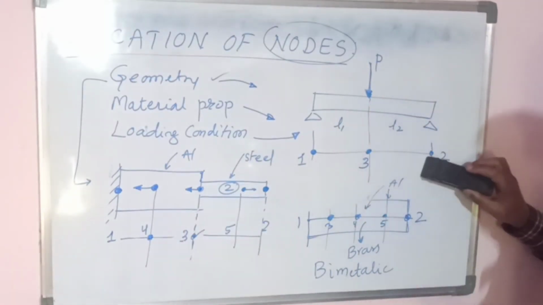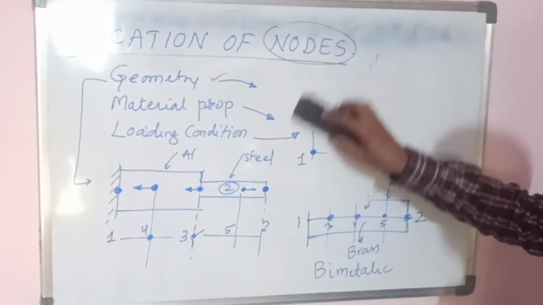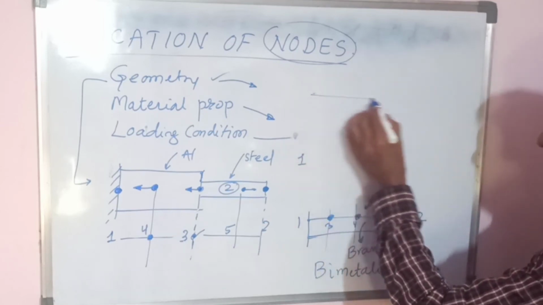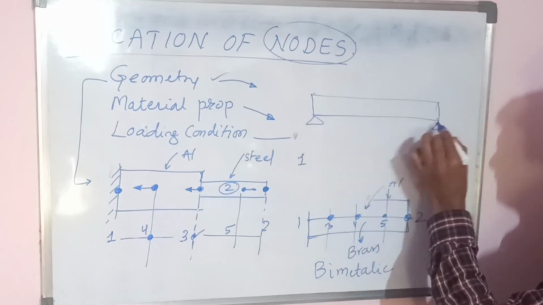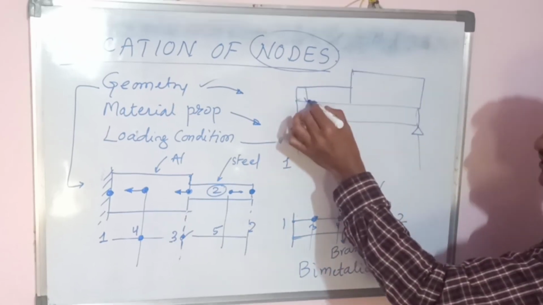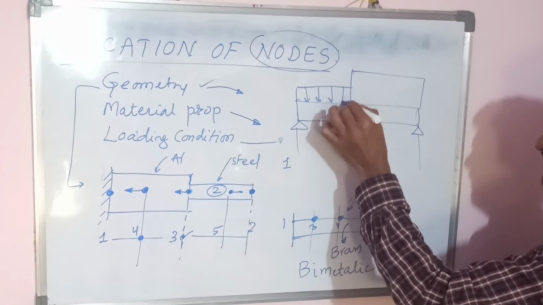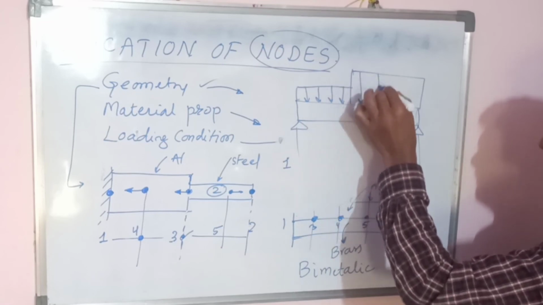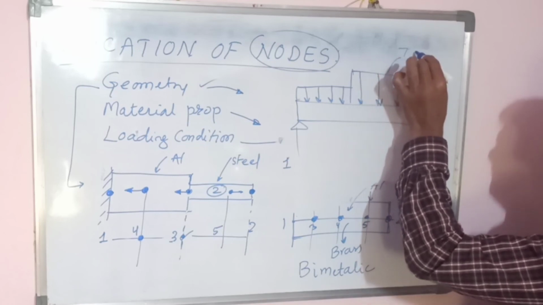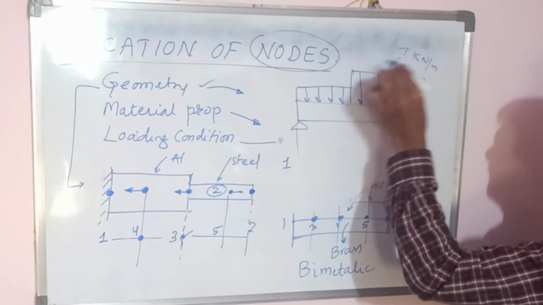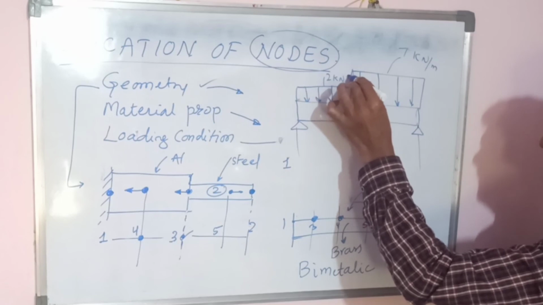Okay, we'll take another problem on beams. There is a beam element again with supports at its ends, and a uniformly varying load, where the load values are fluctuating and different. Let us take this as 7 kilonewton per meter and this as 2 kilonewton per meter.